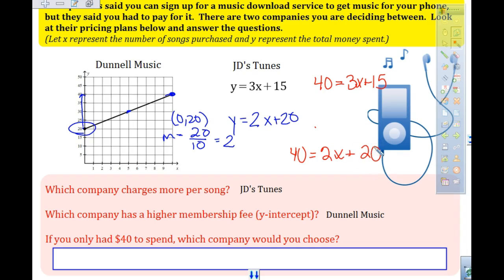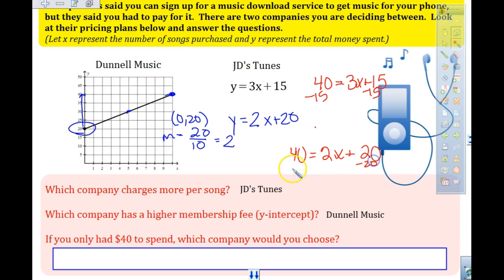In the first equation, what do you have to do as our first step as I am looking at that to solve for x, Dan? First step. 40 equals 3x plus 15. What do you have to do first? Subtract 15. Subtract 15. Everyone make sure you do that. Same thing down here.